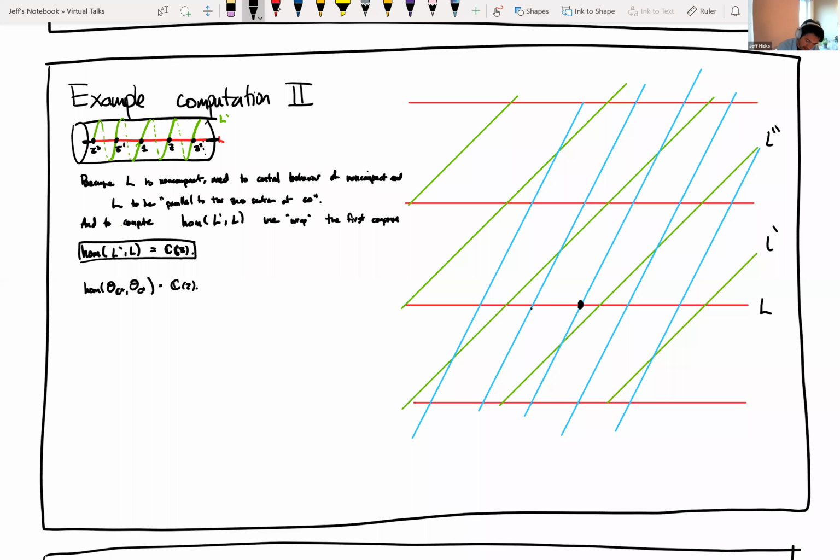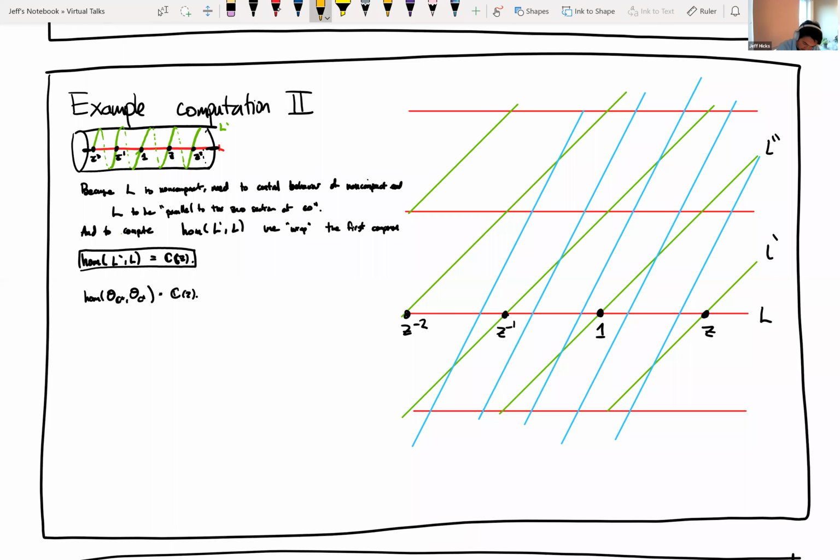So if we were to look at the original generators that we had, recall that we indexed the intersections between L and L prime with monomials.